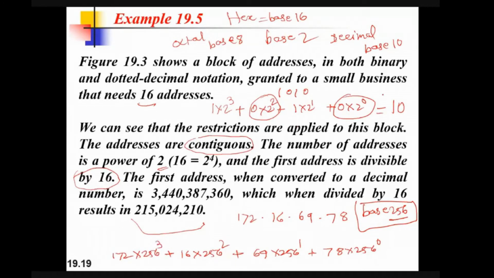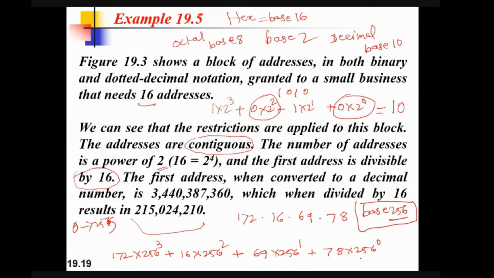The same thing we have done here; only here we have taken a binary base, and here we have taken a 256 base. Why 256 base? Because the number range of decimal is from 0 to 255, that means a total of 256 numbers you can represent at every position. So that's why it is base 256.